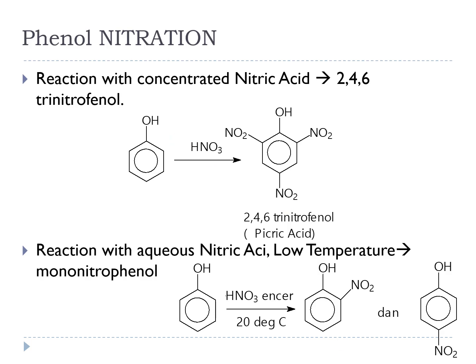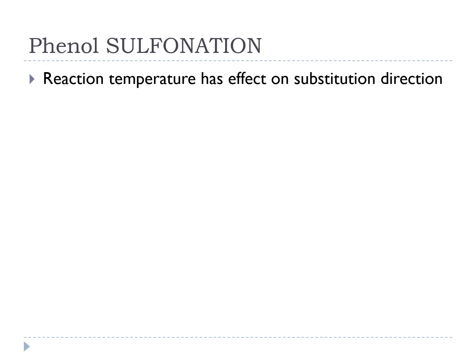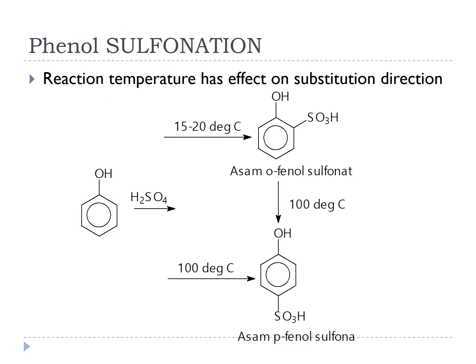The next we go to the sulfonation. In sulfonation of phenol, the temperature has a different effect on the direction of substitution. If we want to produce a substitution product in ortho, then we have to use a low temperature.